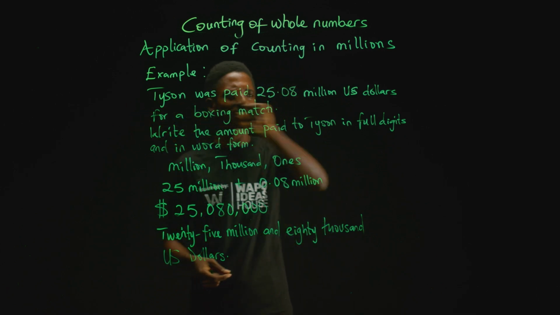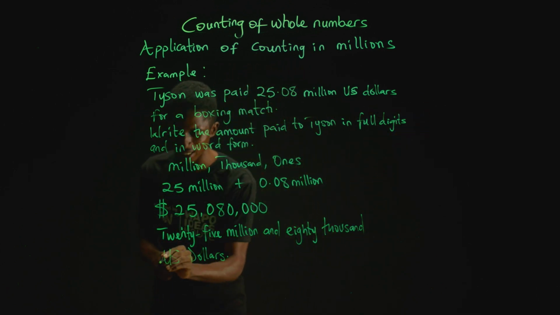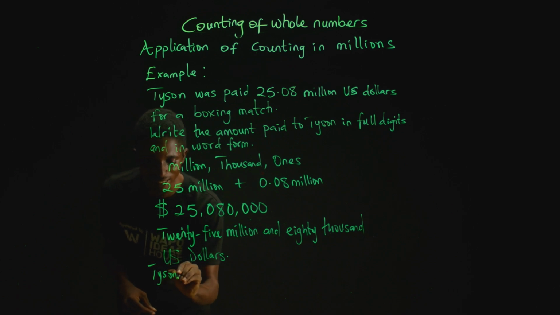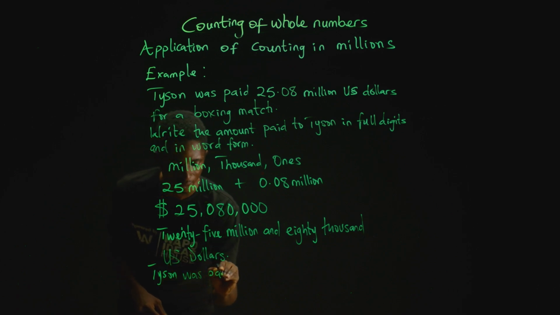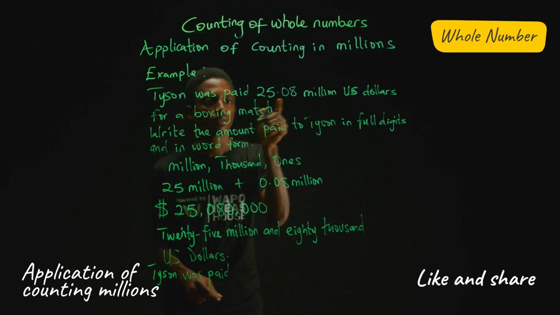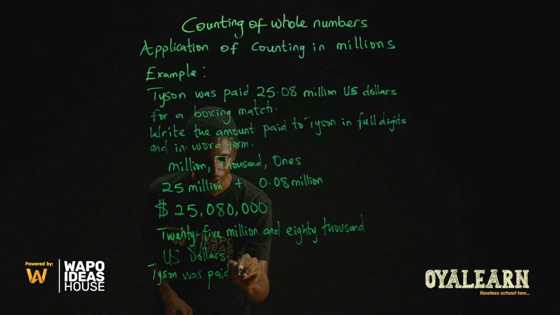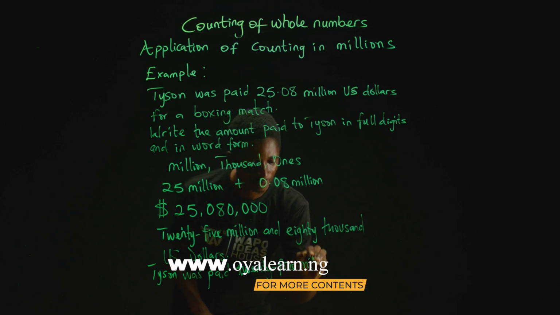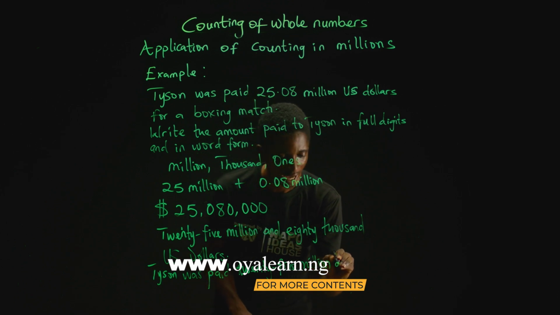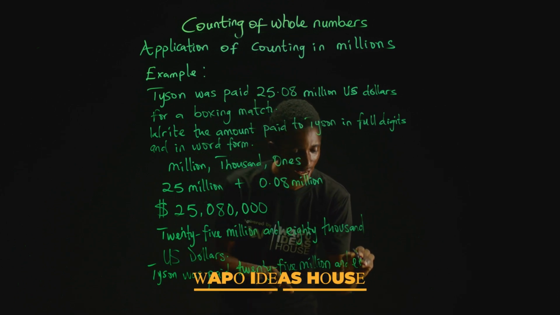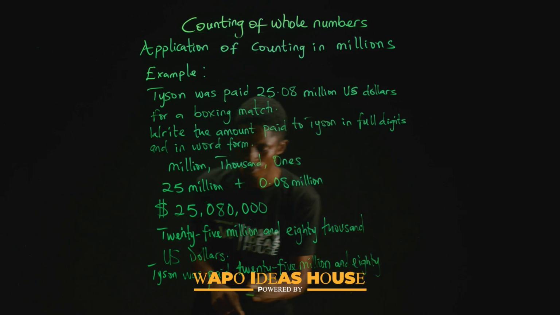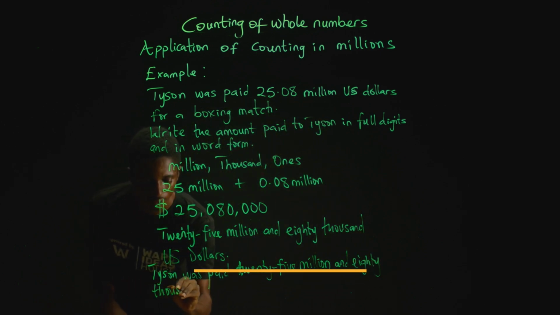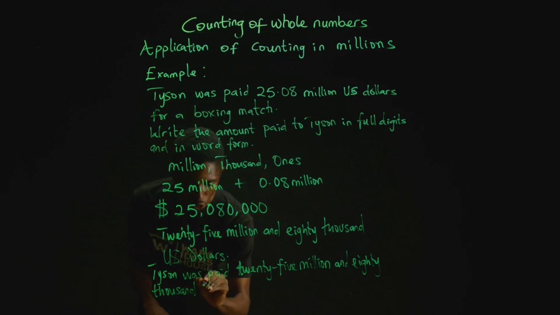You can go on to write the whole statement as it was in the question by saying Tyson was paid. Now the number 25 million and 80,000 US dollars.